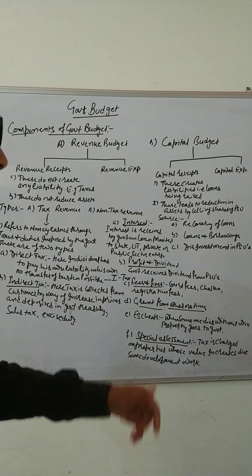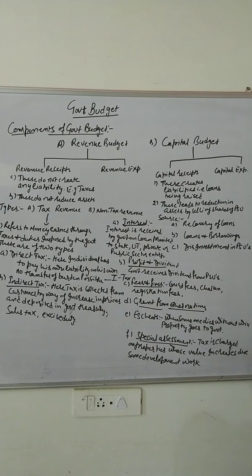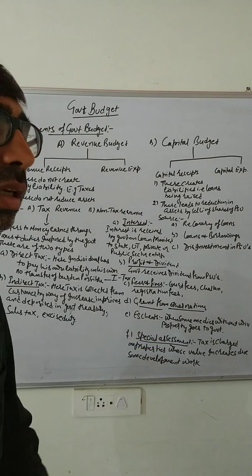Then escheat is there. Escheat is that money which comes to be owned by government only when somebody dies without leaving a will. So whatever the property belongs to that individual becomes the property of the government, and government can earn revenue out of that. And then there is a special assessment.